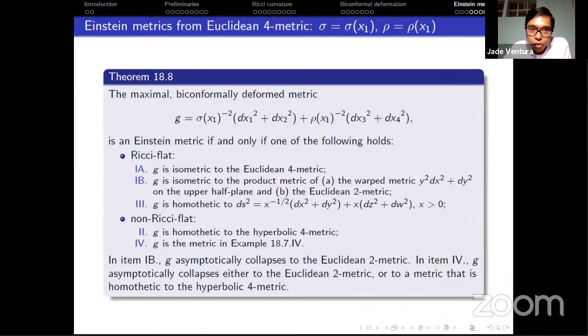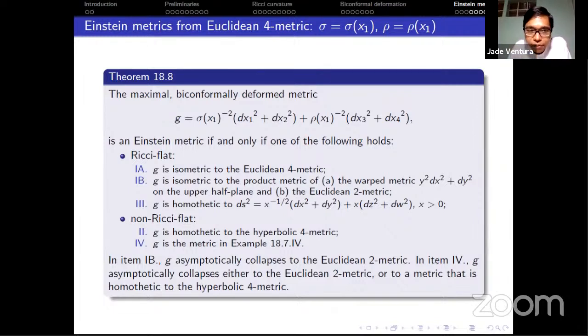a maximal biconformally deformed metric G, where the deformation parameters sigma and rho just depend on one parameter, say x1, is an Einstein metric if and only if one of the following holds.